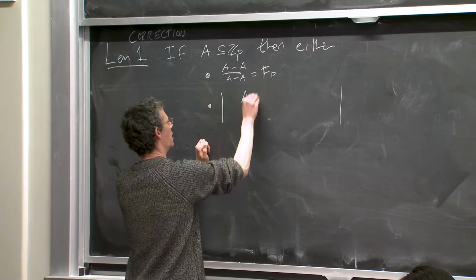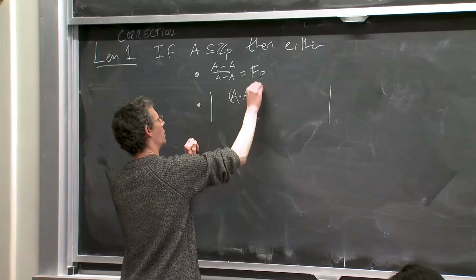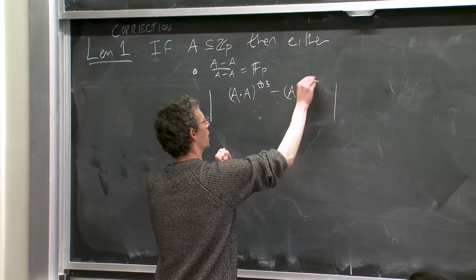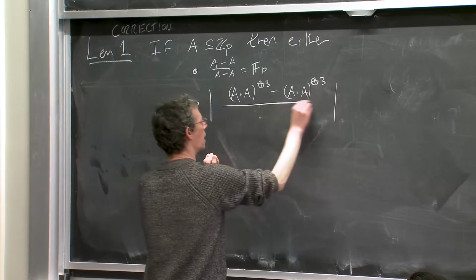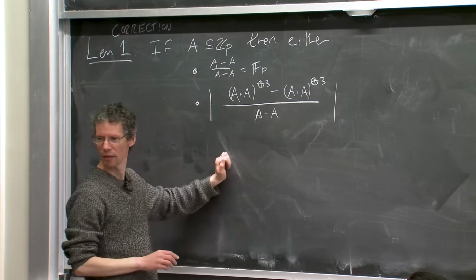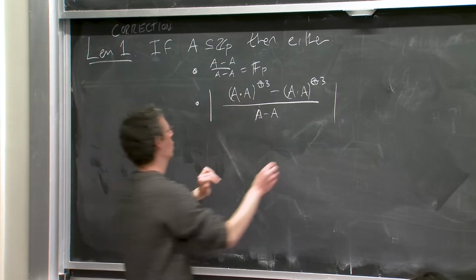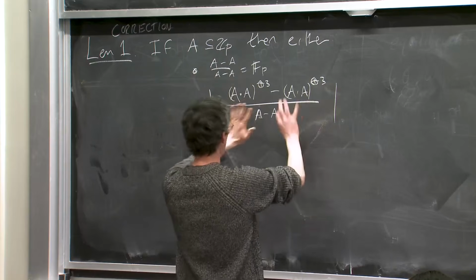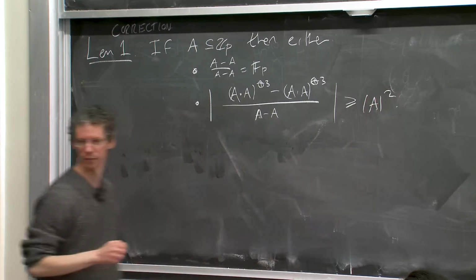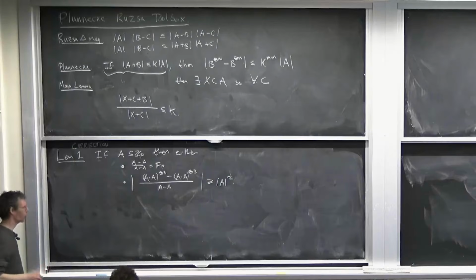So you have A times A. You add that to itself a bunch of times. You also subtract that from itself a bunch of times. This is what we had last time. But I also need to divide by A minus A, which I left out last time. So the second possibility is that if you make this giant mess, it's significantly bigger than A.